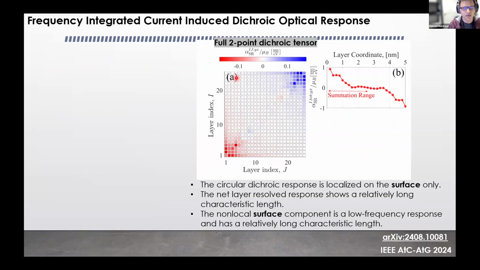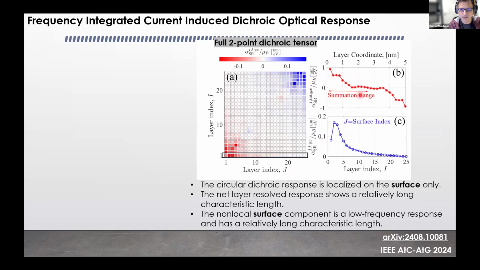Okay. So here is the frequency integrated current-induced dichroic response. Of course, it's non-local. It's alpha IJ, so we cannot just simply plot layer resolved. Instead, what you can do is sum over one index and then plot versus the other index. You can see that it rather has a longer characteristic length, and the other noticeable thing is that there is this surface-only non-local term, which has a much larger characteristic length.